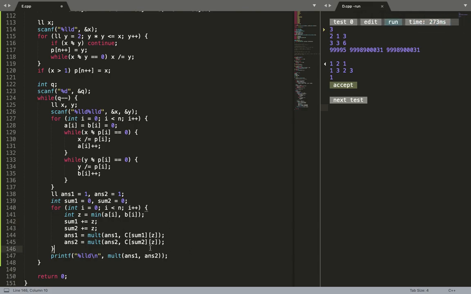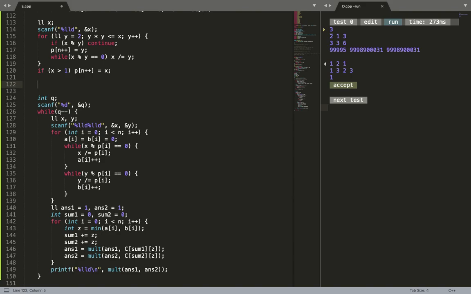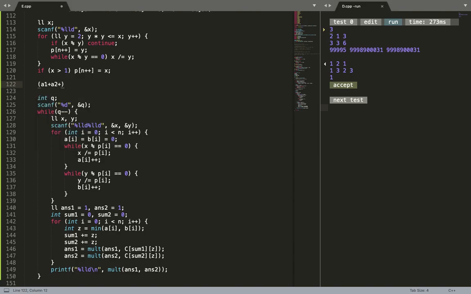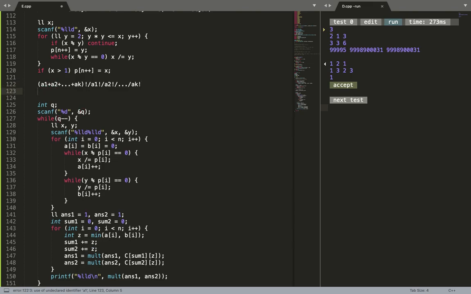So how does that work? Well, the multinomial coefficient is stuff like that, but we can also write it as a product of binomial coefficients, something like that.